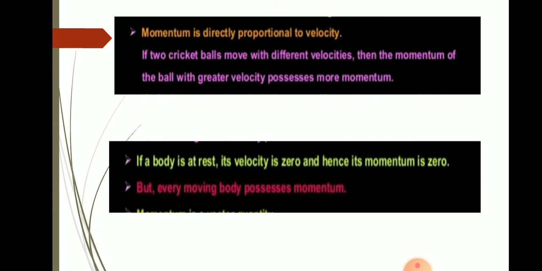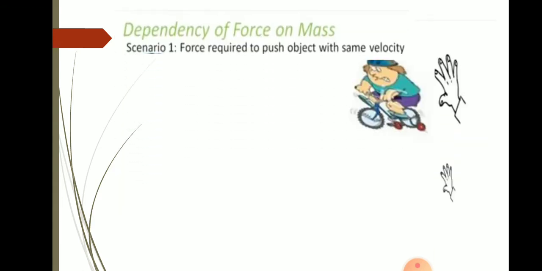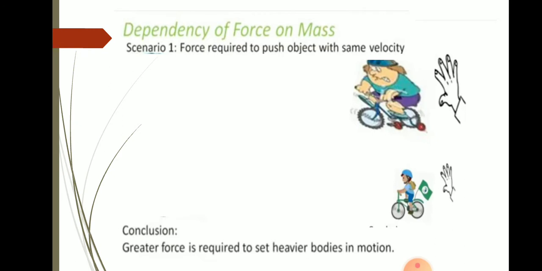Understood? Now let us consider how force depends on mass. So, the dependence of force on mass. For that, let us see the first scenario: the force required to push the object with the same velocity.